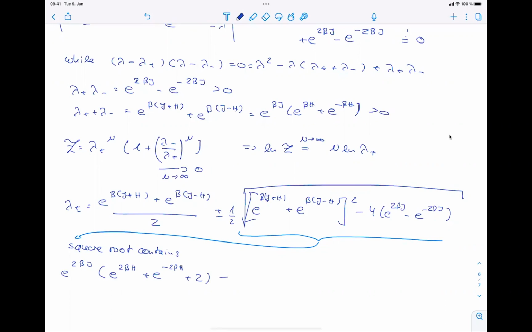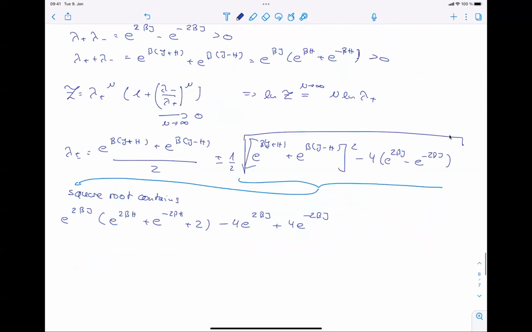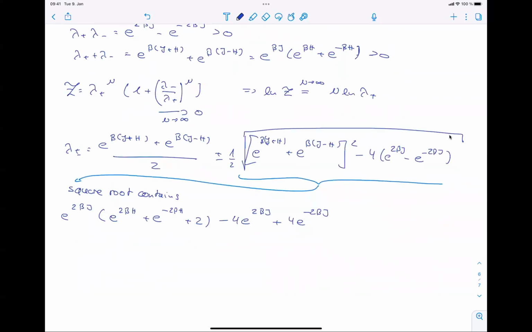And then here I have 4 e to the 2 beta j plus 4 e to the minus 2 beta j. And so we can lump this together by noticing that it's 2 times these 2.